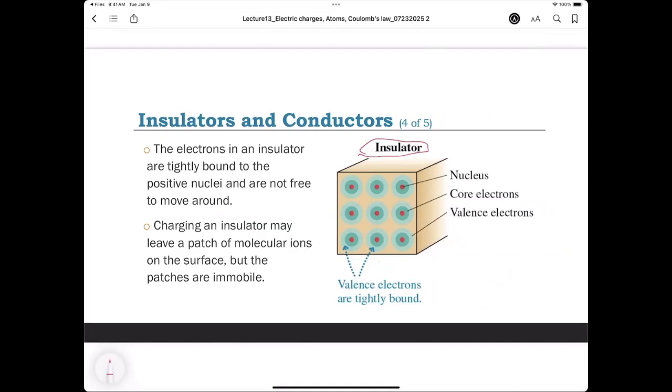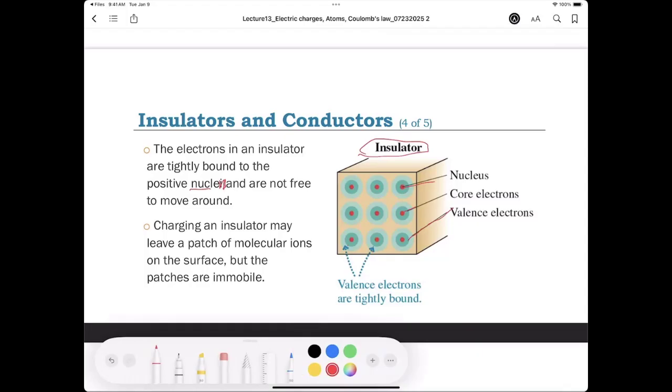The electrons in an insulator are tightly bound to the positive nucleus and are not free to move around. You can see those are valence electrons, tightly bound. This is the nucleus, this is core electrons, and this is valence electrons. Let me make it clear.